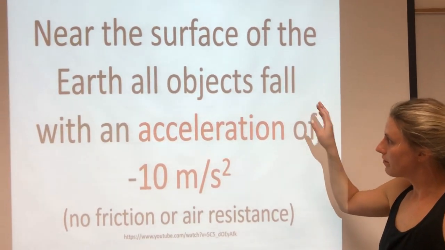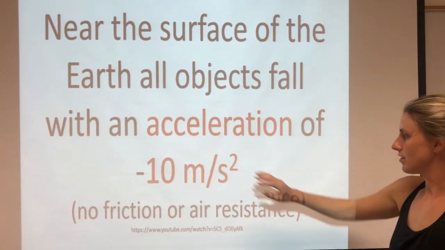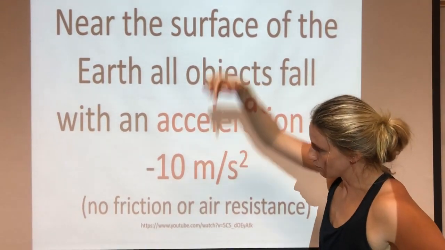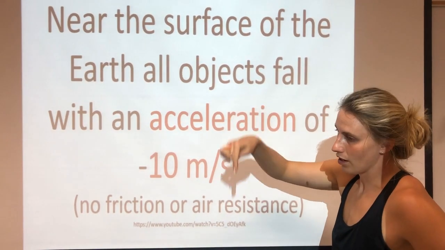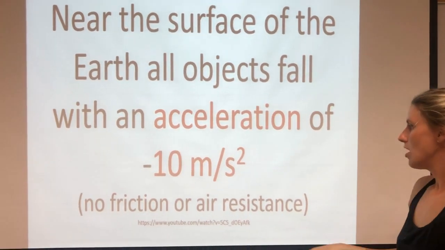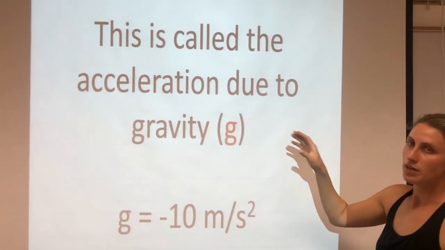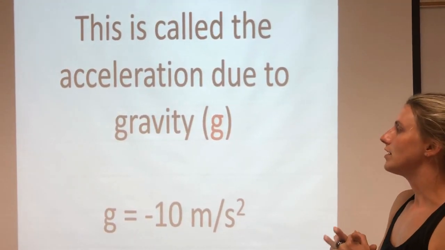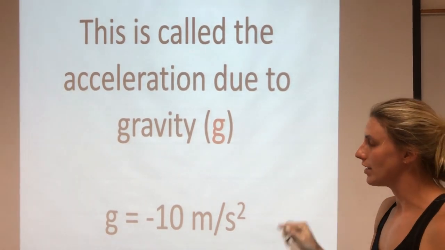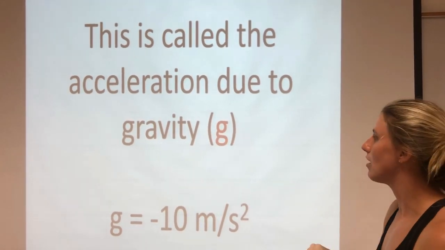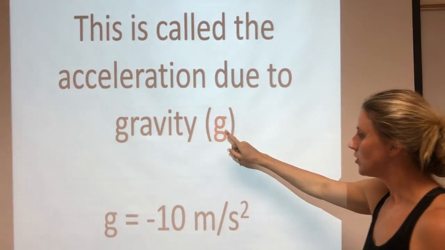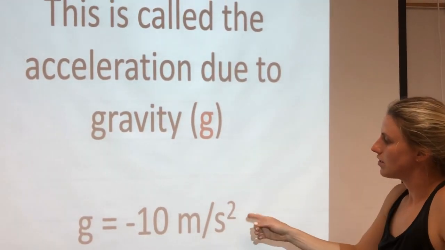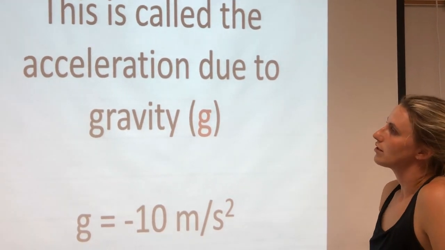So near the surface of the Earth, all objects fall with this acceleration, -10 meters per second squared. And again, the negative, because we're falling and our displacement is down, our change in position. So this number, -10 meters per second squared, is a very special number. We call it the acceleration due to gravity, not just gravity, acceleration due to gravity, and it is represented by the letter g. And like I said, we're going to be using -10 meters per second squared for this number.